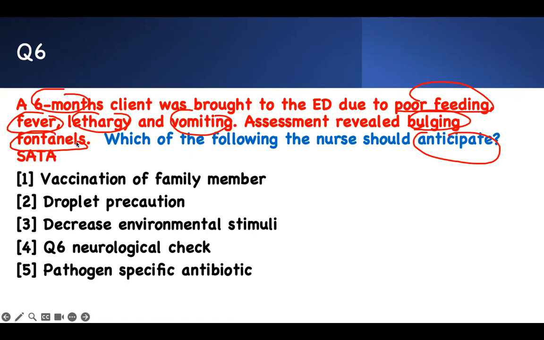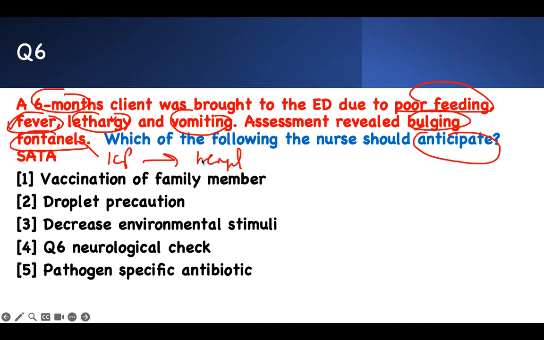Sit back and put the words together. It's a 6-month-old with fever, neurological symptoms, lethargy, poor feeding, and vomiting. If that is not enough, I have a bulging fontanelle. That should tell you ICP is up. If I have fever, lethargy, poor feeding, and ICP, you know I have meningitis.